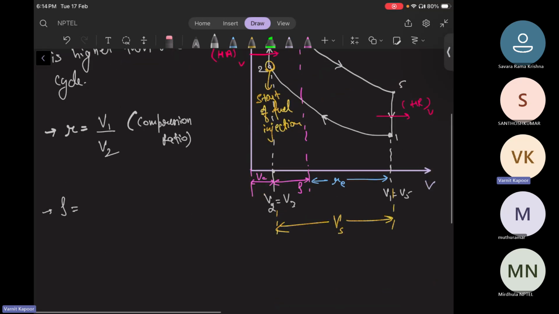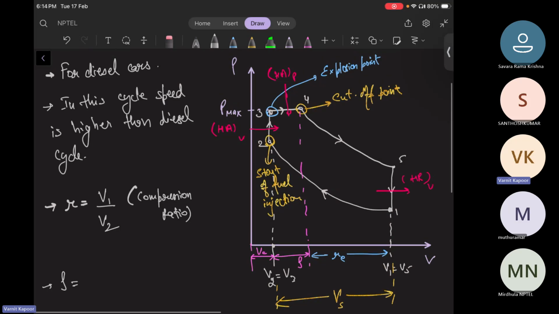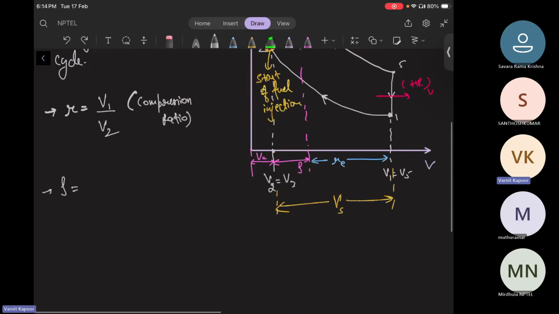Then rho, that is your cutoff ratio, from 3 to 4. So that will be V4 by V3, and V3 and V2 are same. So rho is V4 by V3.